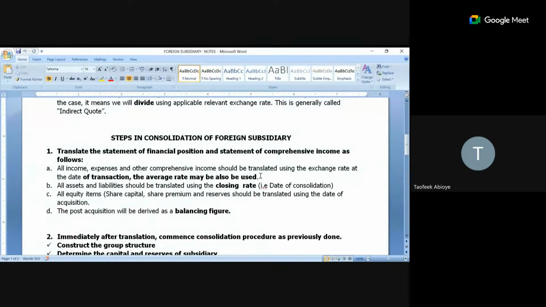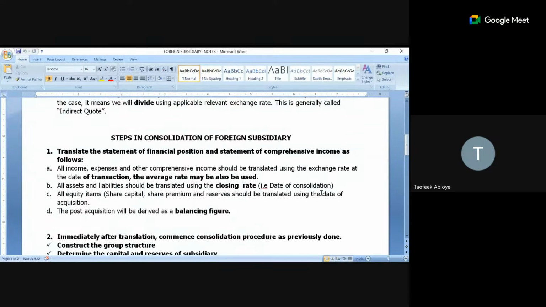Income, expenses, and other comprehensive income will be translated using the average rate, or majority of the time, average rate or DOA rate, which means opening rate. Assets and liabilities will be translated using the closing rate.